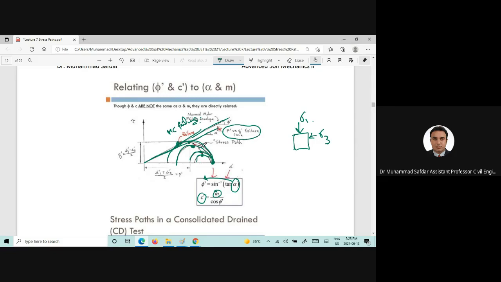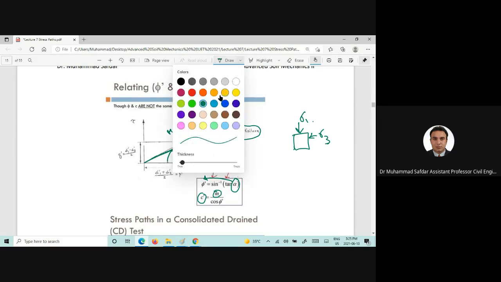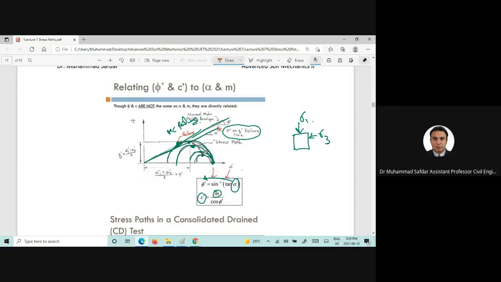So if you draw a line something like this and reach that failure line, this will be known as the stress path.